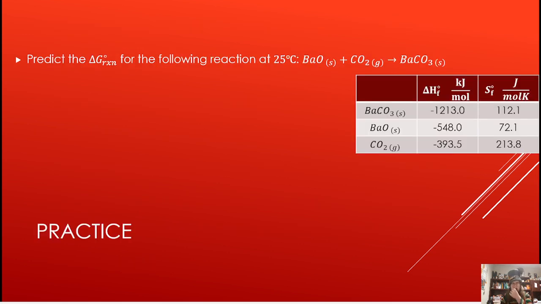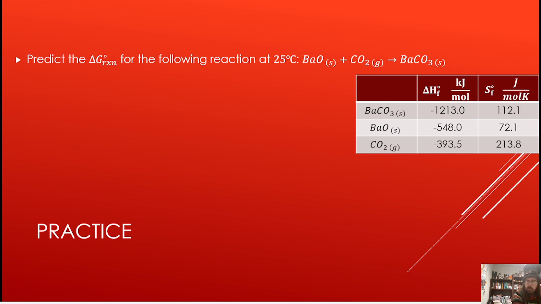So let's do a quick calculation of this. Delta H at 25 degrees, so T is 25. We have BaO, CO2, and barium carbonate. This is definitely spontaneous. The values are negative 1213.0, negative 548, negative 393.5, and for entropy 112.1, 72.1, and 213.8.